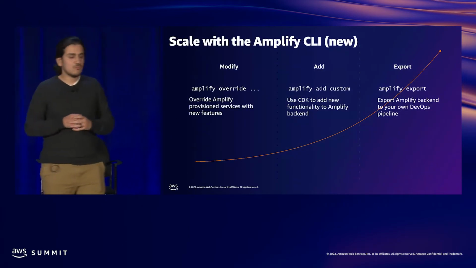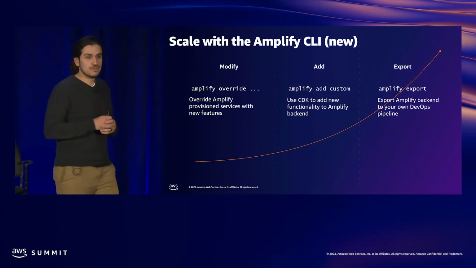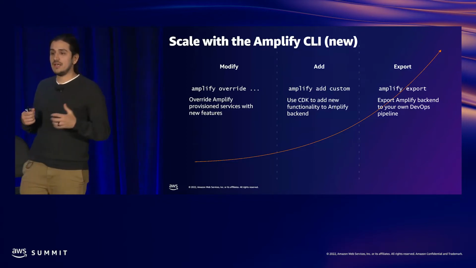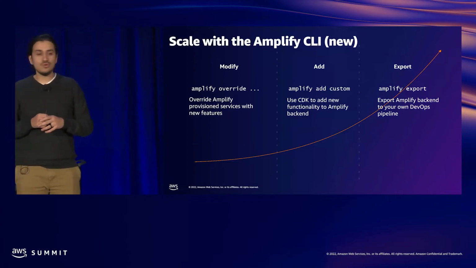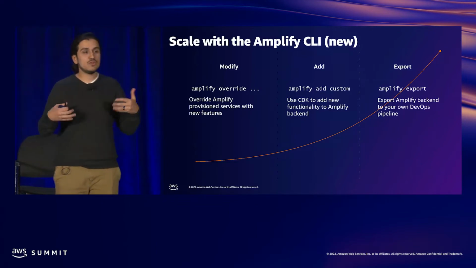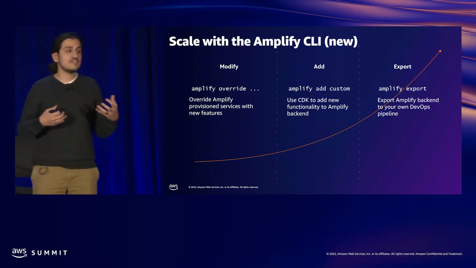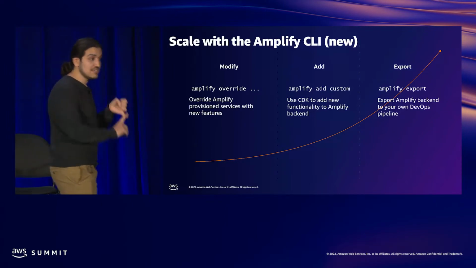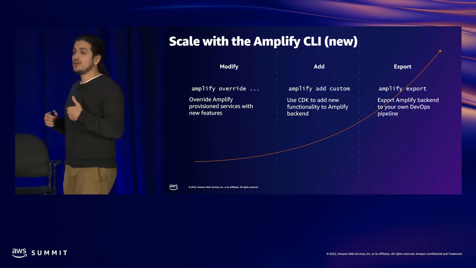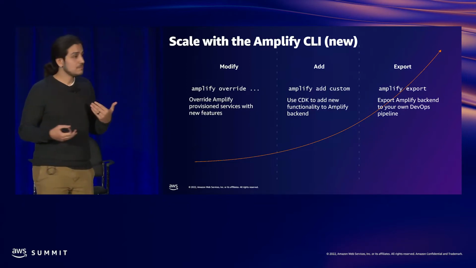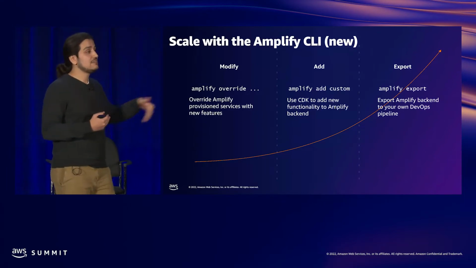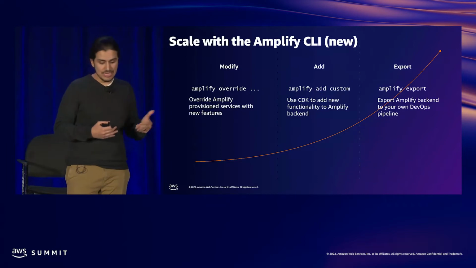So I'm going to talk a little bit more about our extensibility features with Amplify. When you configure and set up Amplify, you are provided with default configurations for all of the different features that you add, whether that is authentication, API, or storage. But when your app use cases start growing, you need to add additional features to your application.